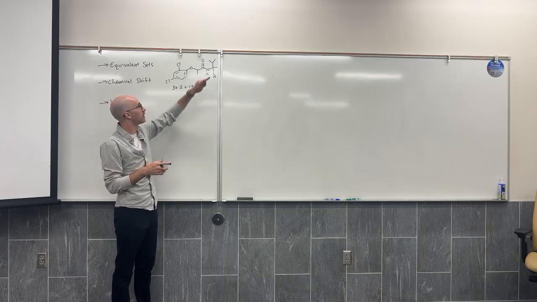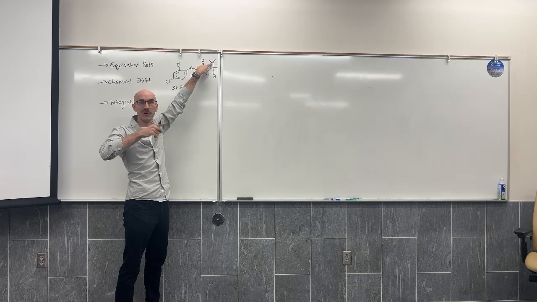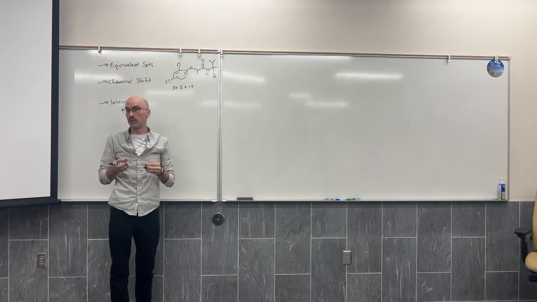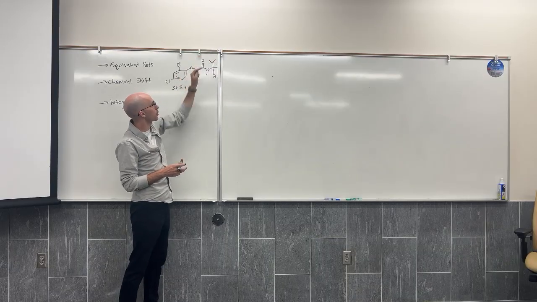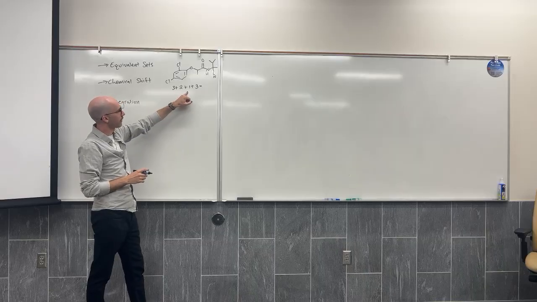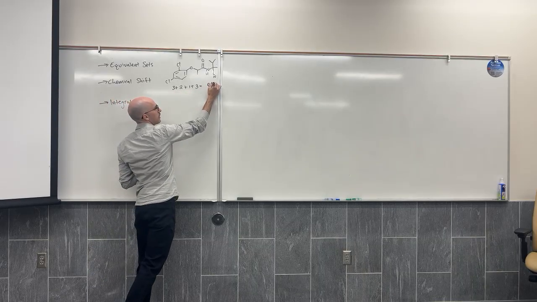For the same reason that we would say this is not a chiral carbon because it has two identical groups, we would say that these two methyls are identical. So that's 1, 2, and then that tertiary hydrogen again, 3 groups. So 5, 6, 9 sets.